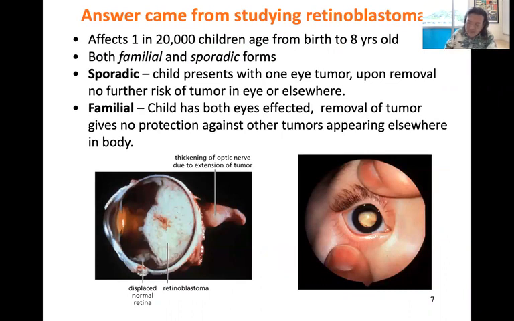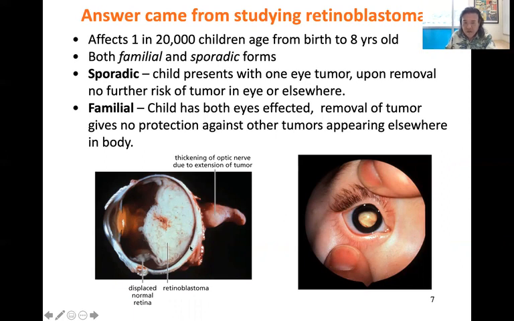However, as time went on and researchers began to examine different types of cancer, they realized more and more that this is indeed what is happening. So a really good example of this comes from the study of this particular type of cancer known as retinoblastoma. So retinoblastoma is a solid tissue mass that forms from the cells of the retina, right?